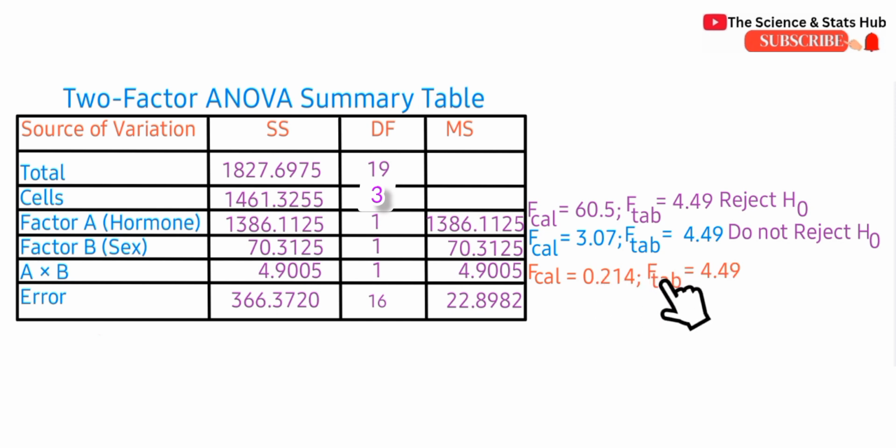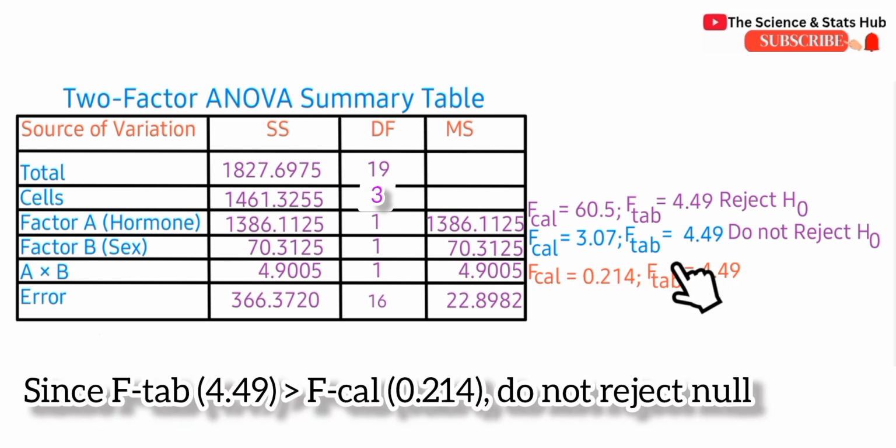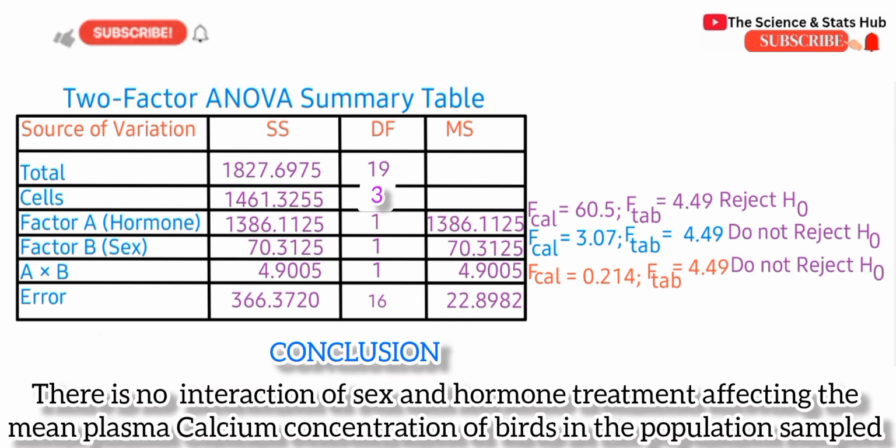Of course, our F tabulated value is 4.49. Making a comparison between F cal and F tab, obviously here F tab is greater than F cal. We do not reject the null and conclude that there is no interaction of sex and hormone treatment affecting the mean plasma calcium concentration of birds in the population sampled.